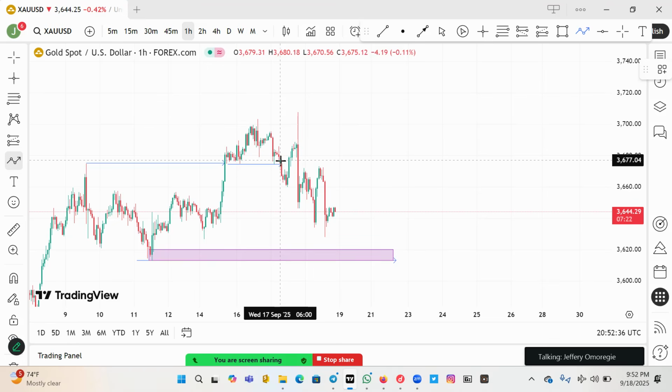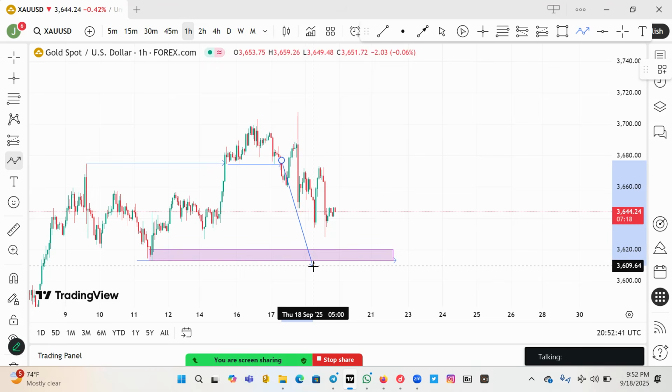Now, if it gets to your disruption and breaks past it with the body of the candle, it means that the flow of the market has changed internally from an uptrend to a downtrend. What do I mean by that? It means that despite the fact that the overall trend of the market is an uptrend, temporarily the market will sell.